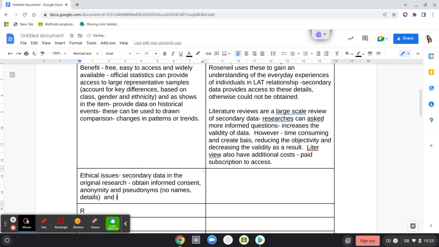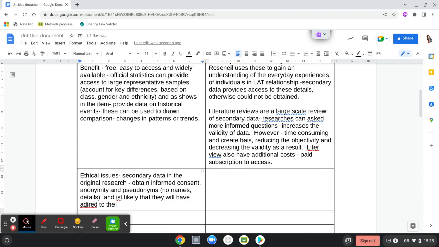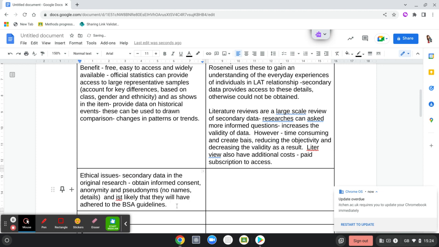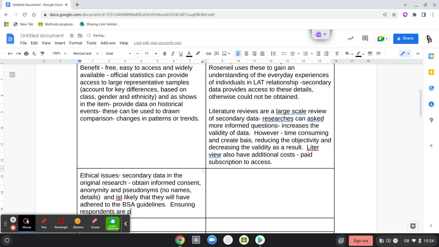And it's likely they will have adhered to the British Sociological Association's guidelines, ensuring respondents are protected from harm.